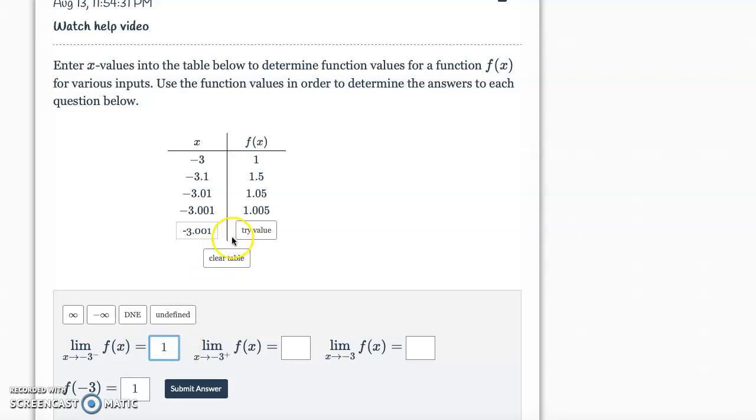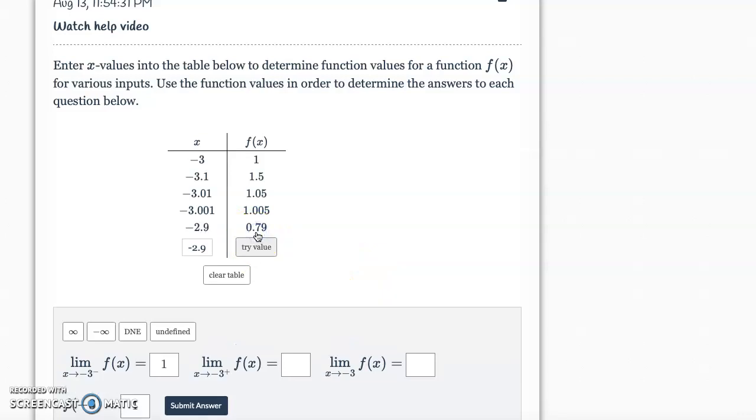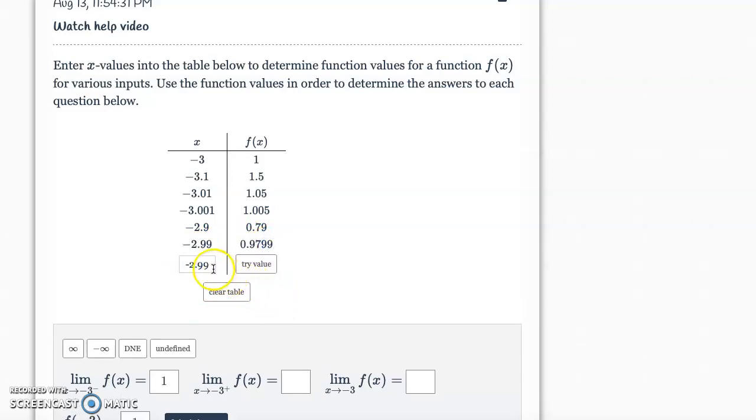Now let's try, for instance, -2.9. This is a little bit greater than -3, so I'm choosing a number a little bit greater than -3. And I get 0.79. I'm going to get a little closer and get 0.9799, and then even closer.